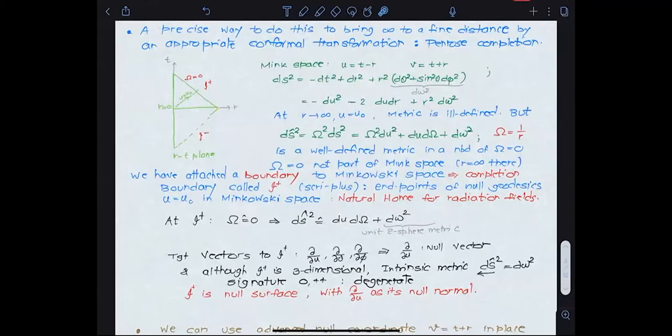So as r goes to infinity along u equal to u naught, the metric is ill-defined. But what we can do is bring infinity to a finite distance by this conformal transformation of Penrose's and carry out a conformal completion. We do this by defining a conformal factor omega to be equal to 1 over r.